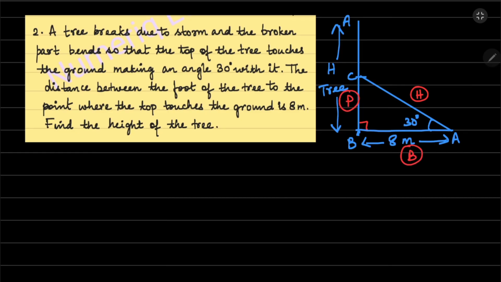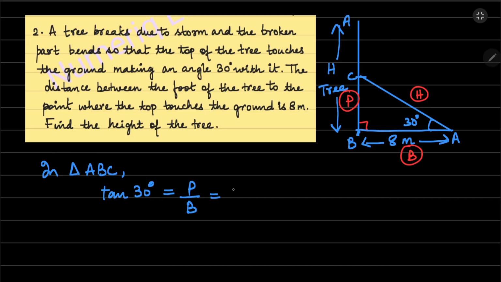Now in triangle ABC, first of all, what do you see? You can calculate what is your BC. You are given base, you are asked perpendicular. So P by B. So you can write tan 30 is equal to P by B. What is your P?